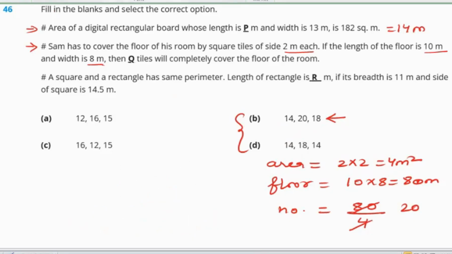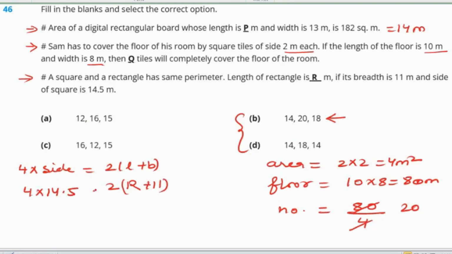Option C is saying that a square and a rectangle have the same perimeter. The perimeter of the square is 4 times the side, and the perimeter of the rectangle is 2 times length plus breadth. The length of the rectangle is r centimeters, which we don't know, its breadth is 11, and the side of the square is 14.5.